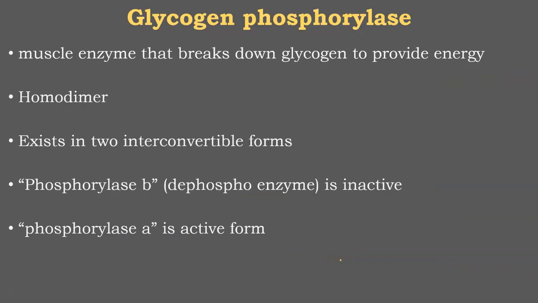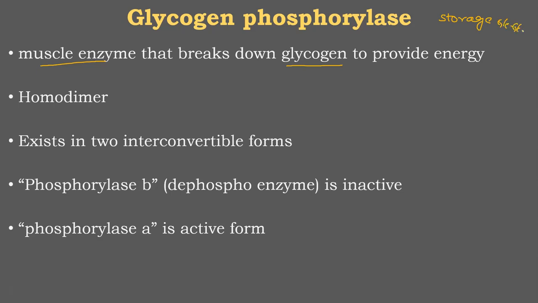Let's see the main enzyme example, which is nothing but glycogen phosphorylase. This is the muscle enzyme which breaks the glycogen to provide energy. What is glycogen? Glycogen is the storage food material in animals.